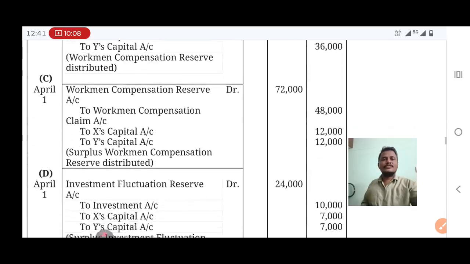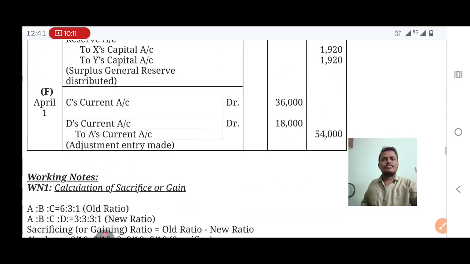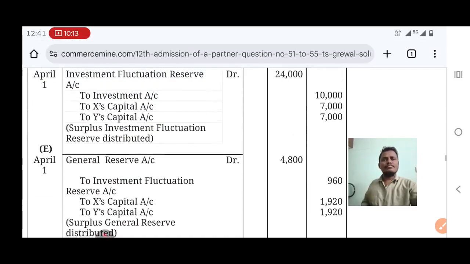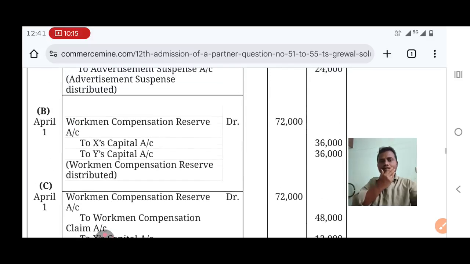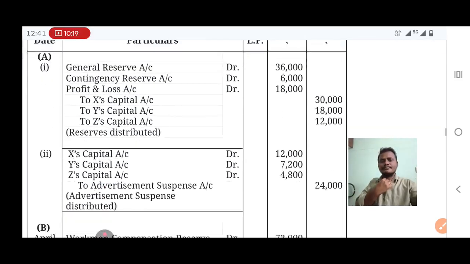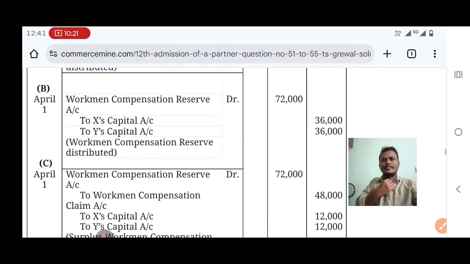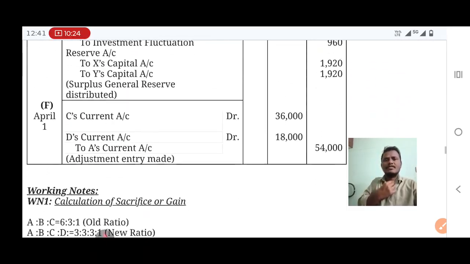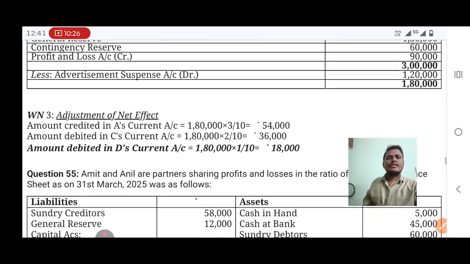Where is that? I'll show you. So I think here it will be there.